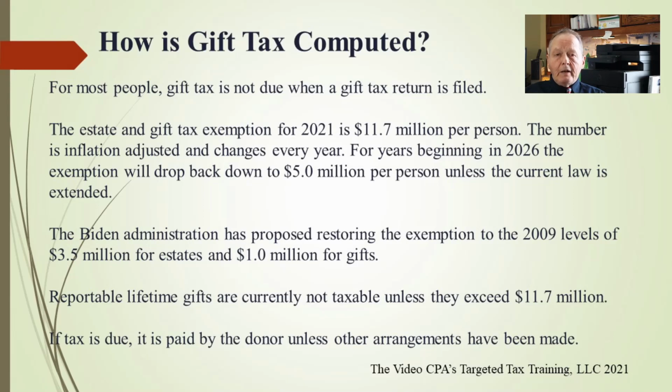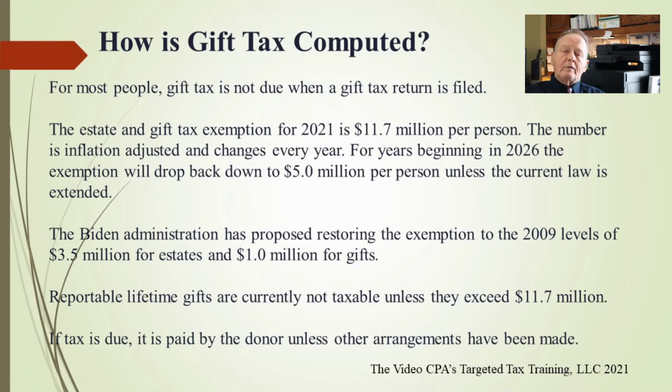Most of us are going to come under $11,700,000 for our estate. So there will not be any tax on this gift or other gifts that you might give during your lifetime. But a gift tax return is still required.